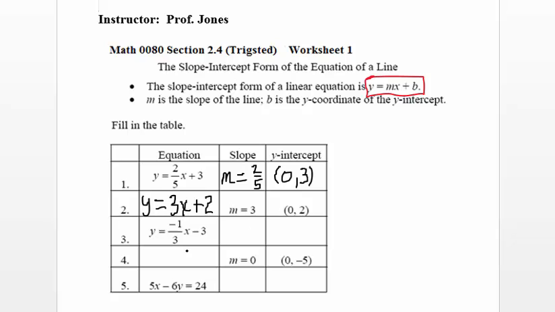On number 3, I'm given the equation, and I need to fill in the slope and the y-intercept. So notice y is isolated on one side of the equation. On the other side of the equation, negative 1/3 is multiplied by x. So that tells me my slope m is negative 1/3.